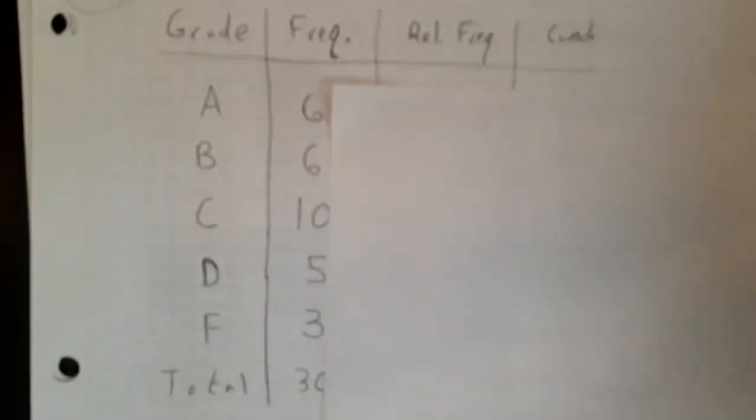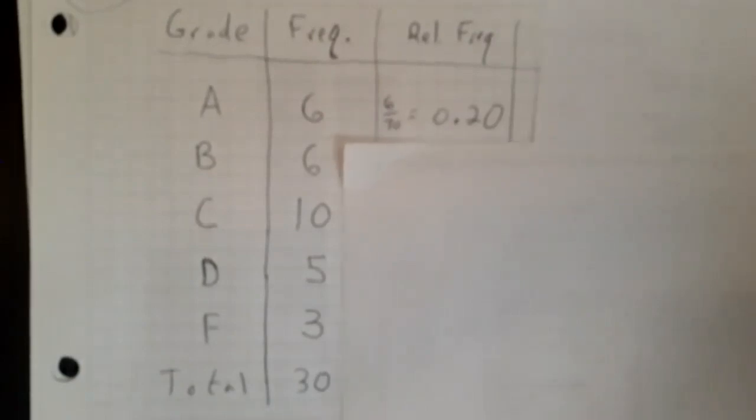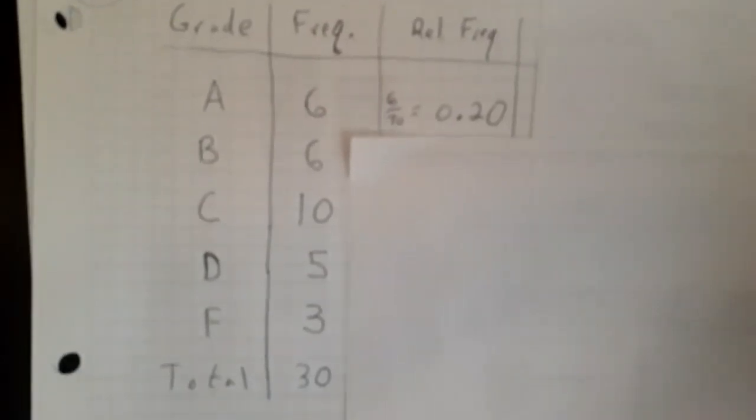So they want us to do frequency. The next thing on here is relative frequency. We're going to take the frequency, which is 6. So there are 6 A's, and that 6 is occurring out of 30 total different possibilities, or 30 different outcomes.